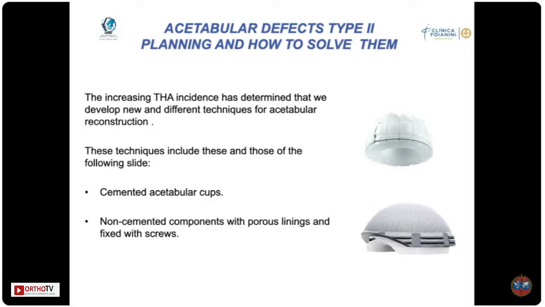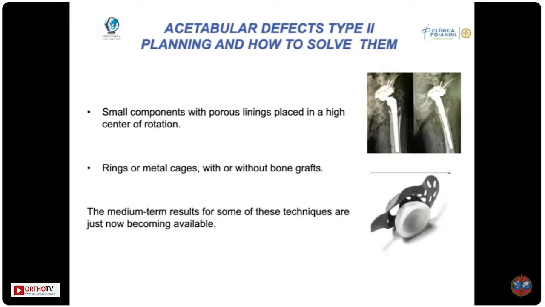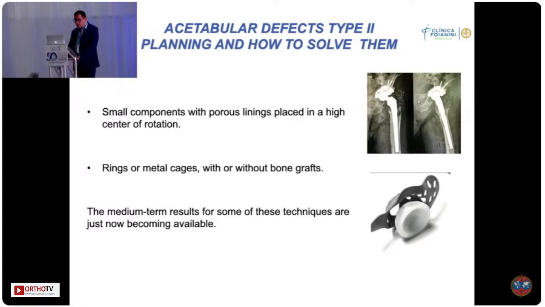These techniques include the following: cemented acetabular cup, non-cemented acetabular component with porous lining fixed with screws, a small component with porous lining placed at a high hip center of rotation, ring or metal cage, with or without bone graft.